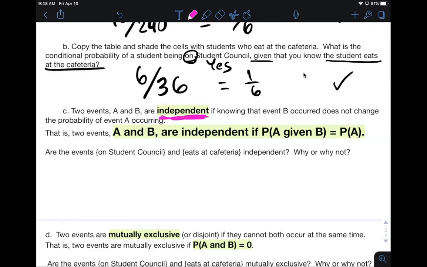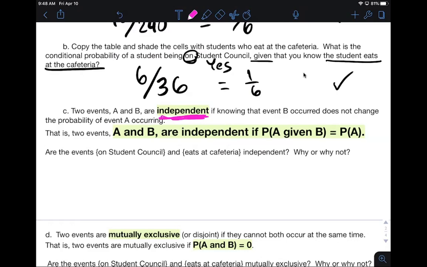It's a more complicated and nuanced definition when we're talking about conditional probability, however. Two events A and B are independent if knowing that event B occurred does not change the probability of event A occurring. So now we're going to talk about them in the context of conditional probability.